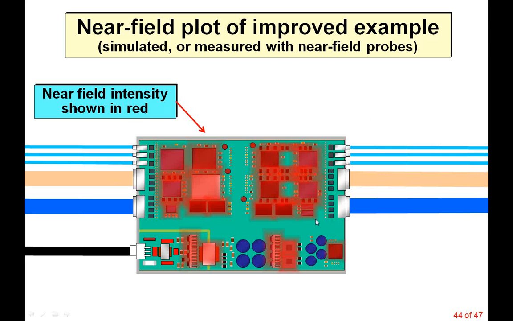We're bound to see these hot spots on the chips because what we're picking up is their differential mode fields, the actual fields which are the currents due to their operation. But we aren't seeing any common mode noise. So this has very good EMC. And all we've done is a few simple things.